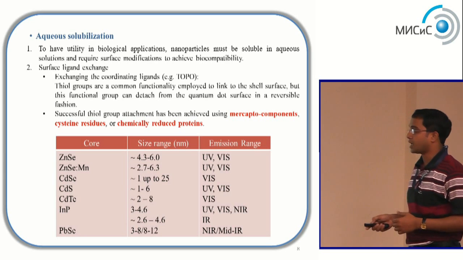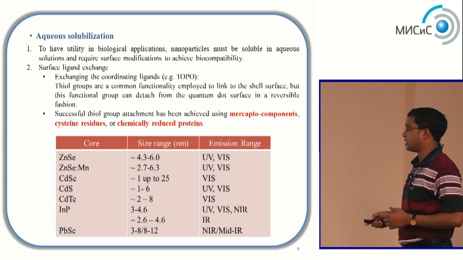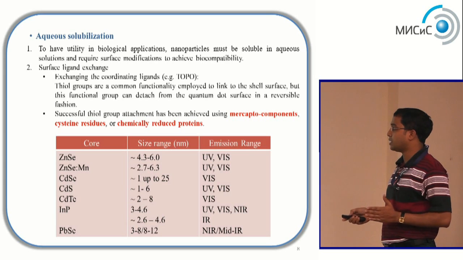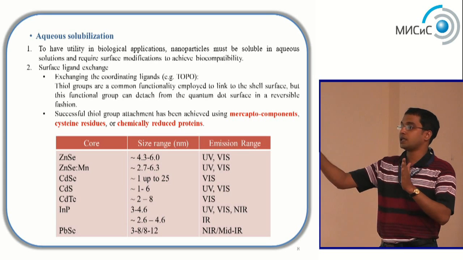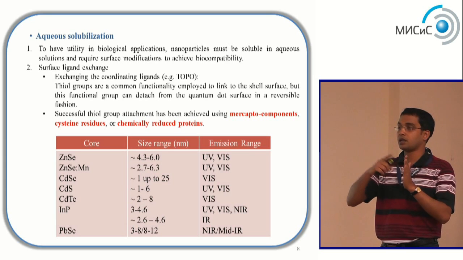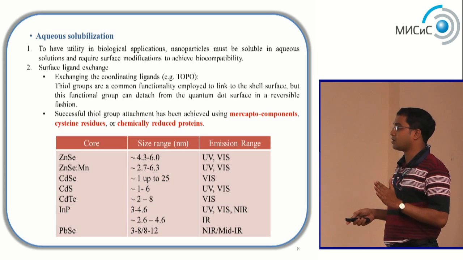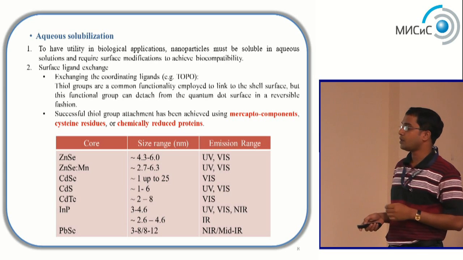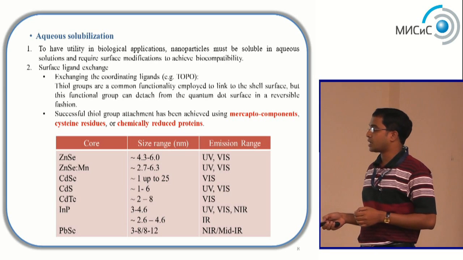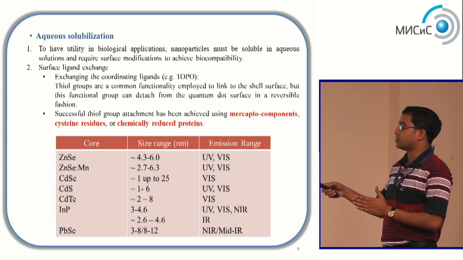And cadmium selenide has an emission spectrum in the visible range. So if you need a wide spectral range from ultraviolet to visible, then you may use zinc selenide or cadmium selenide. Zinc selenide has UV, and cadmium selenide has the visible range. Also, you can use cadmium telluride according to your demand.